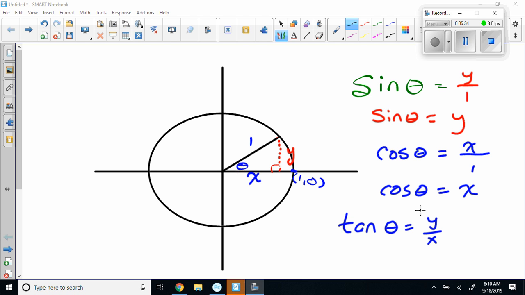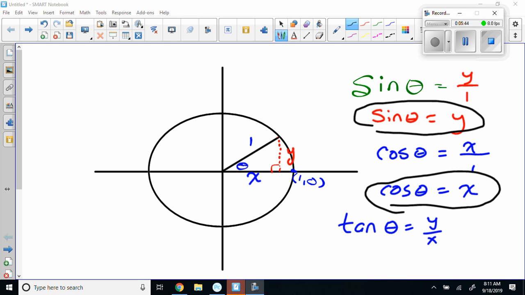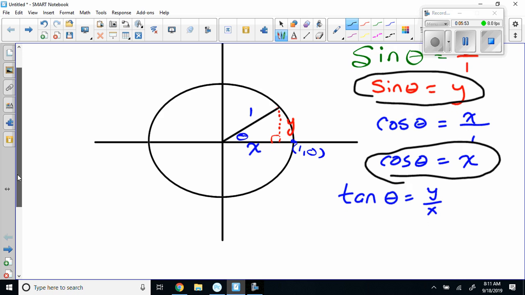It's got an equal sign. Sine of theta is equal to y, right? The cosine of theta is equal to who? X. So if we say that the tangent is equal to y over x, then what is really the tangent? Sine of theta over who? Cosine of theta.